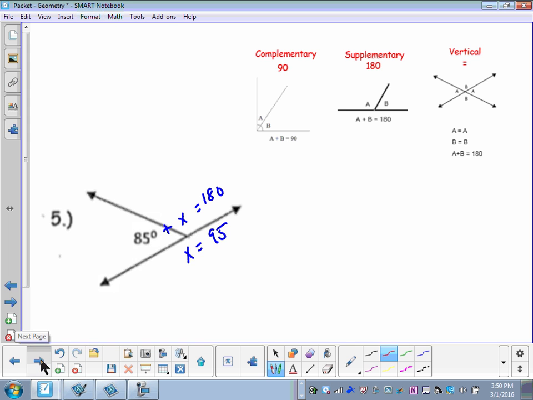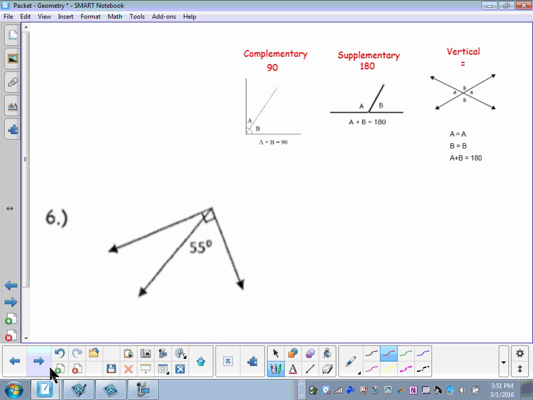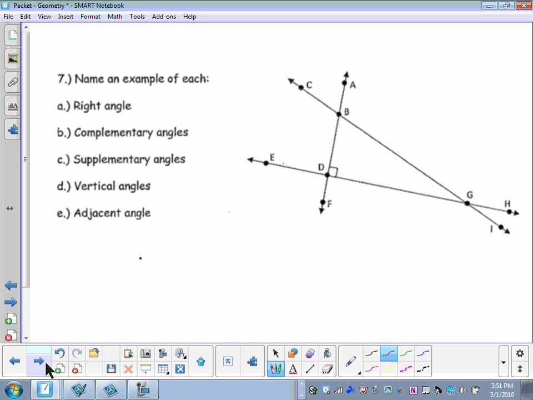And number 6. Now go ahead and try number 7 on your own. We'll have multiple answers. We'll go over those in class together.